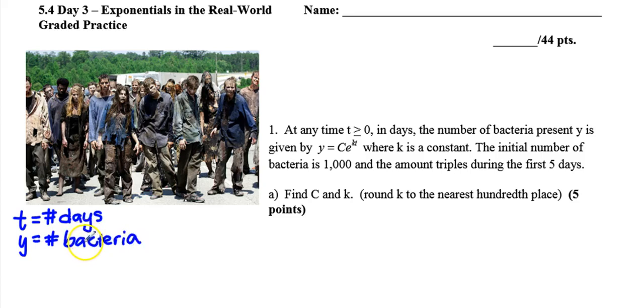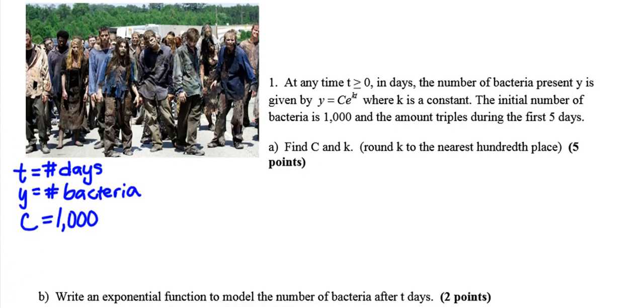I know from our notes that C is the initial amount. And if I read for information, it tells me that the initial number of bacteria is 1,000. So I know C is 1,000. Do I know y and t? Because again, k will always be unknown, unless it's actually given to you. This k value, this constant, is always going to be unknown. Well, it tells me that the amount triples during the first 5 days.